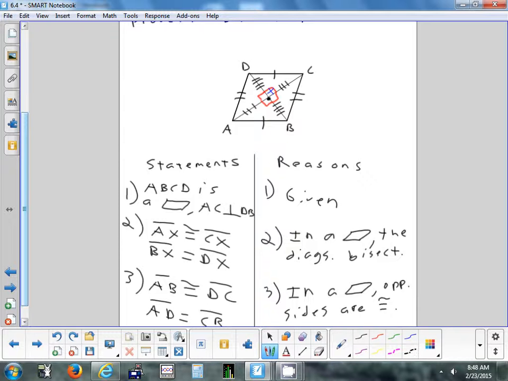Anybody see a way we can start proving? I think there's no question I could prove the top and the bottom one congruent by side, side, side. I could also prove the left and the right one congruent by side, side, side. The trick here is I need to prove this one and that one.